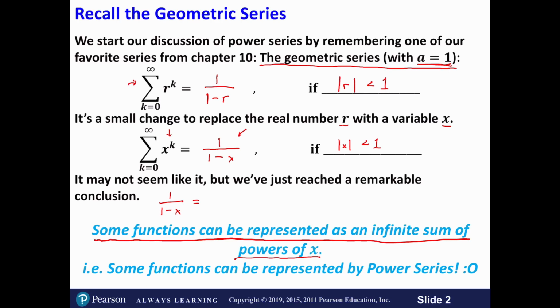Or we could write that as 1 plus x plus x squared plus x cubed plus x to the fourth. So if we were to do that infinitely many times, these two functions would actually be equal to each other.